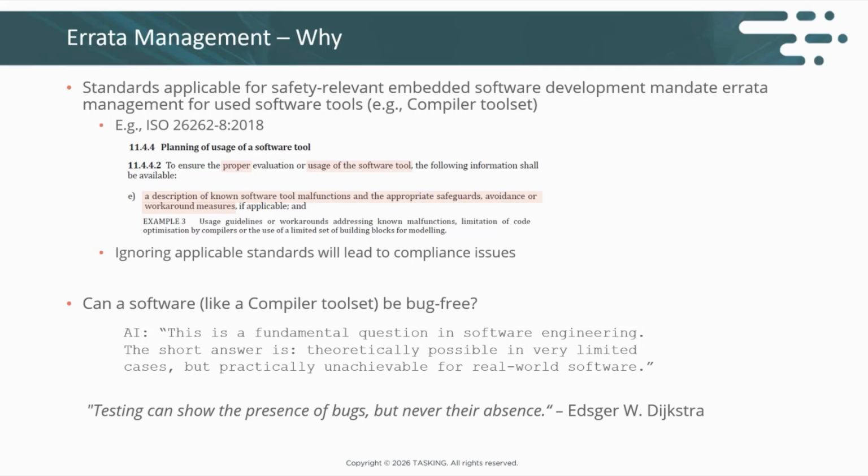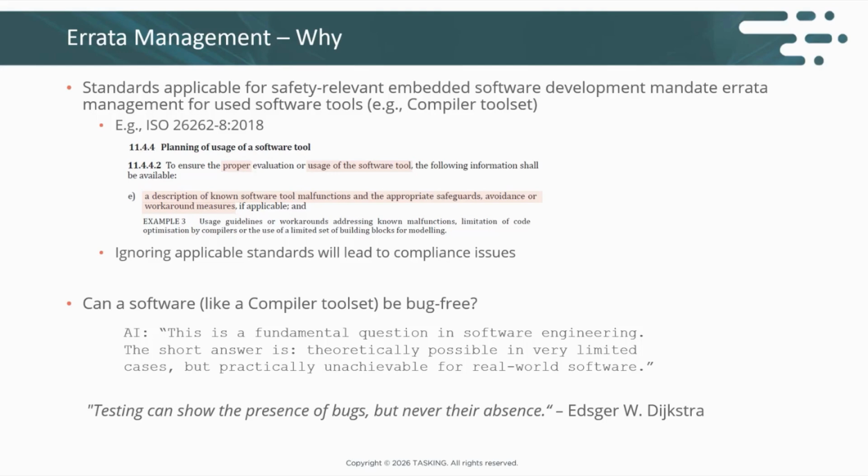Is it possible to provide a compiler toolset, or more generally speaking, a software which is free of any malfunction, which would make the errata management obsolete? If you ask an LLM, it will probably state something similar like this: practically unachievable for real-world software.